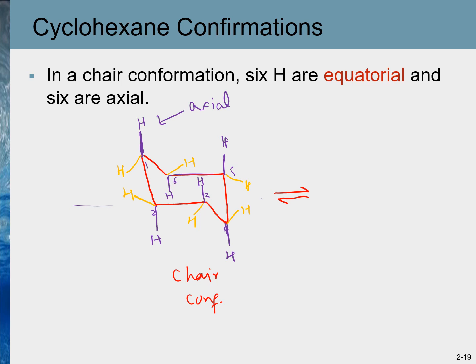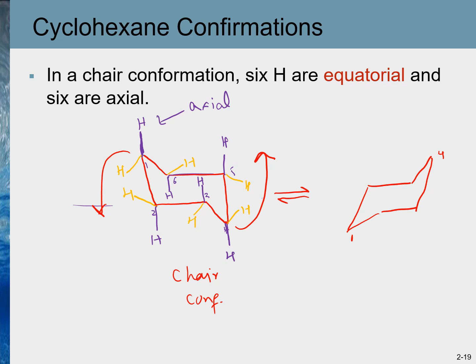So when the chair flips, this carbon moves down and this carbon moves up. So we can draw it again the same way. So now number 4 carbon is above the plane, number 1 is below.